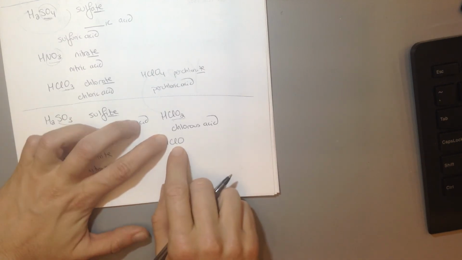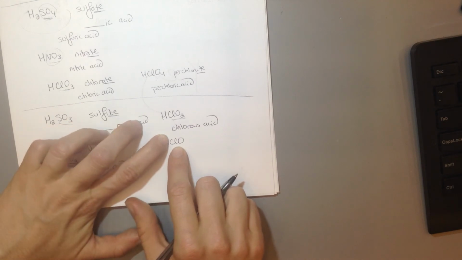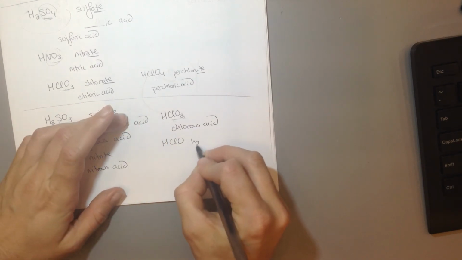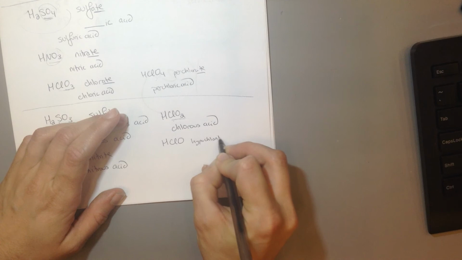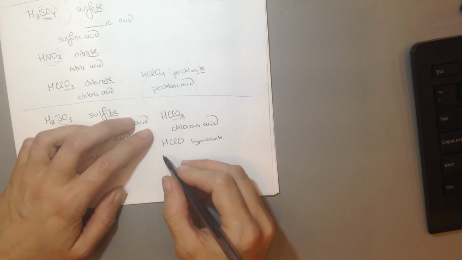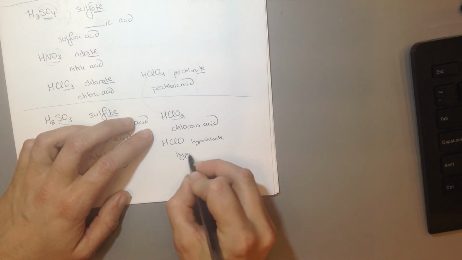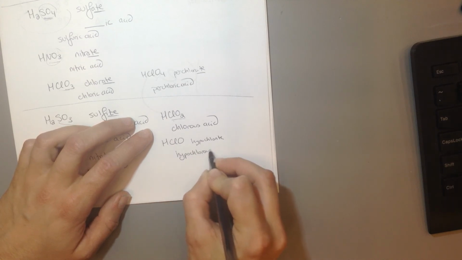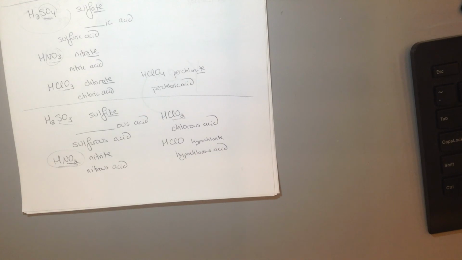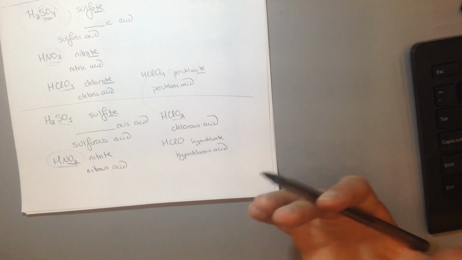What's the name of that one? Hypochlorite. So what kind of acid is this? Hypochlorous acid. Okay, good. All right, so this is basically the pattern that we follow.